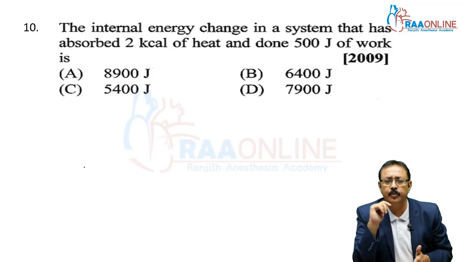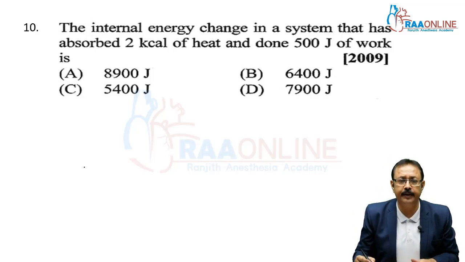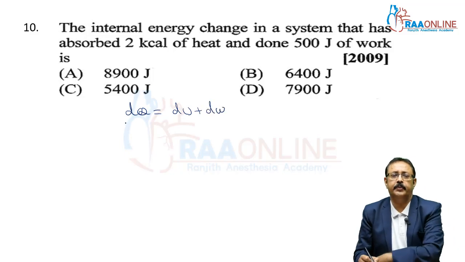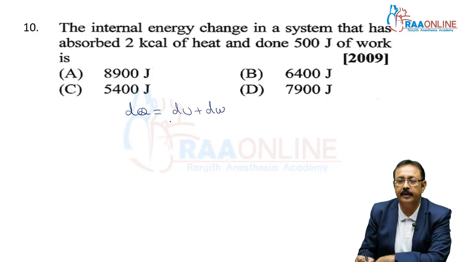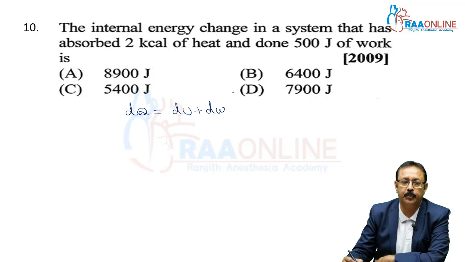System absorbed 2 kilocalorie of heat and done 500 joule of work. So only you have to take care of sign convention. First thing, dq is equal to du plus dw. What is dq? dq is not given in joule. Everything is in joule, answer is also in joule.